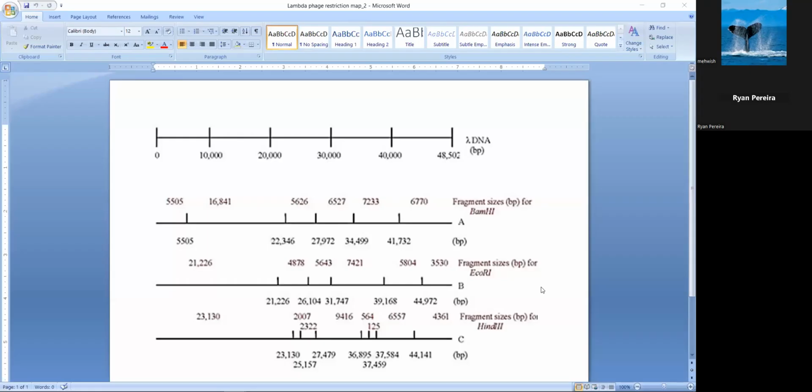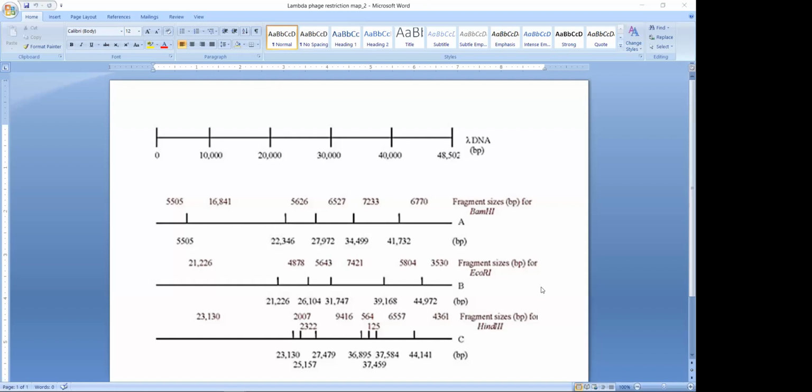Oh, okay, here it is. Can you see this? Oh yeah, now I see. Okay, so this was the map that he gave us on the little paper in class.